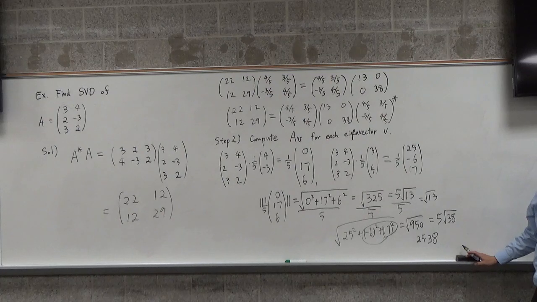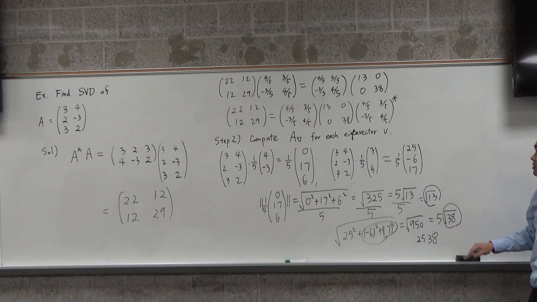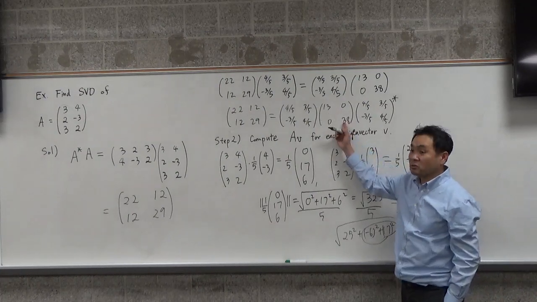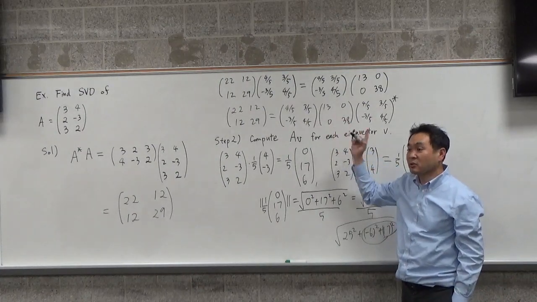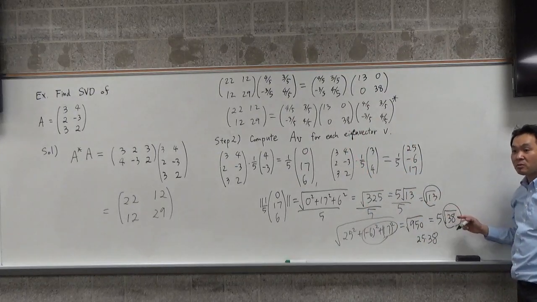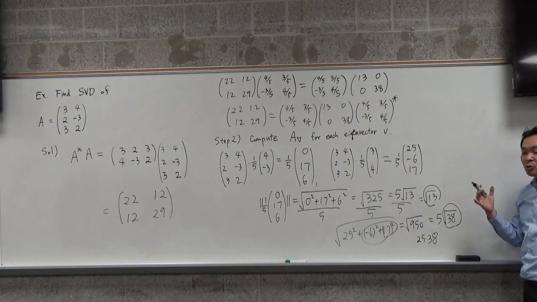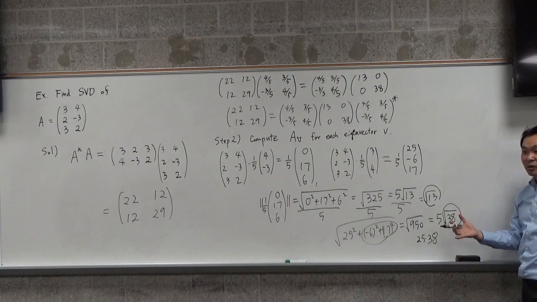All right, so let's see where we are at so far. Oh, and by the way, you should notice that this square root of 13 and square root of 38 are really the square roots of these numbers, and it's not a coincidence. These numbers are called singular values. A square matrix has eigenvalues, right?